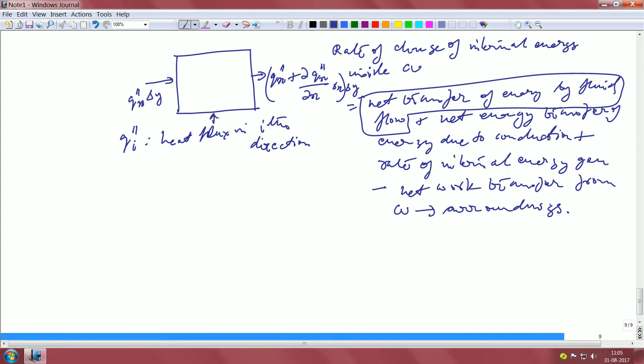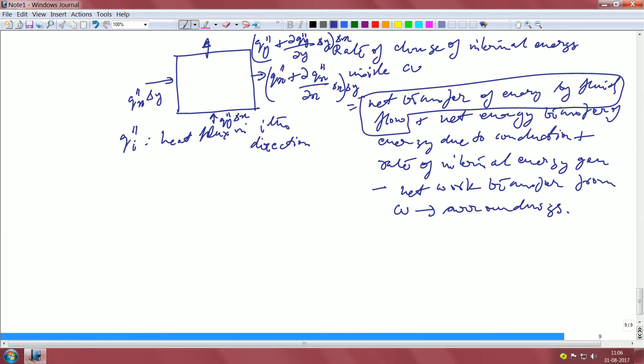Similarly, you have Q y double prime into delta x, whatever is coming out from the other side of the control volume, Qy double prime plus dQy double prime by dy into delta y, times delta x. It is a little bit messy, but I think you can still identify that.